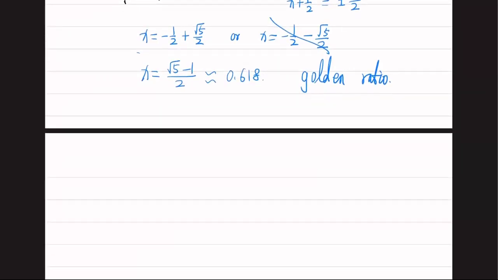Another example is if we go with 1, 2, 3, 4. So this is a continued fraction.